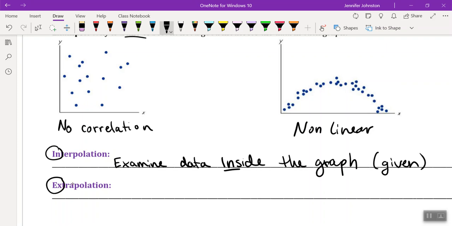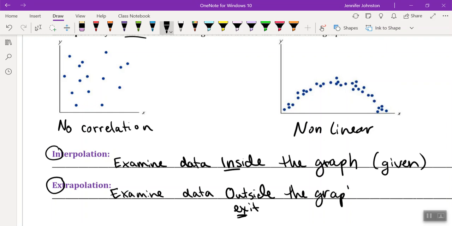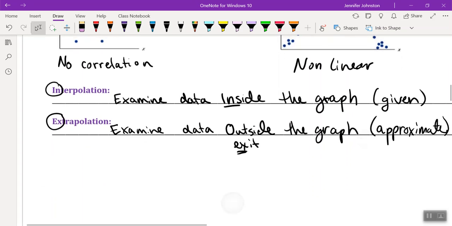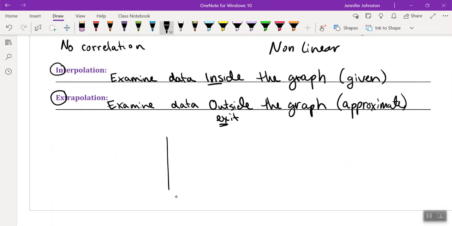And then this one's X. So you're examining, can you guess it? Data outside or exit the graph. So you're given a whole bunch of data points, but you would have to what we call extrapolate. And this is where you approximate. You're approximating the value.